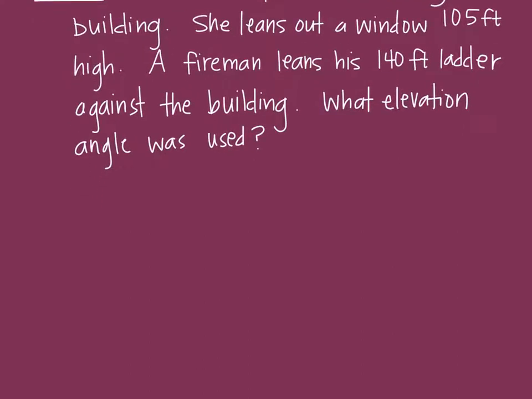All right, so let's take a look at this. Here is the building burning. It's on fire. We've got smoke coming out. We've got Snoo leaning out the window saying, "Save me." All right, so there she is. We know that she is 105 feet high.